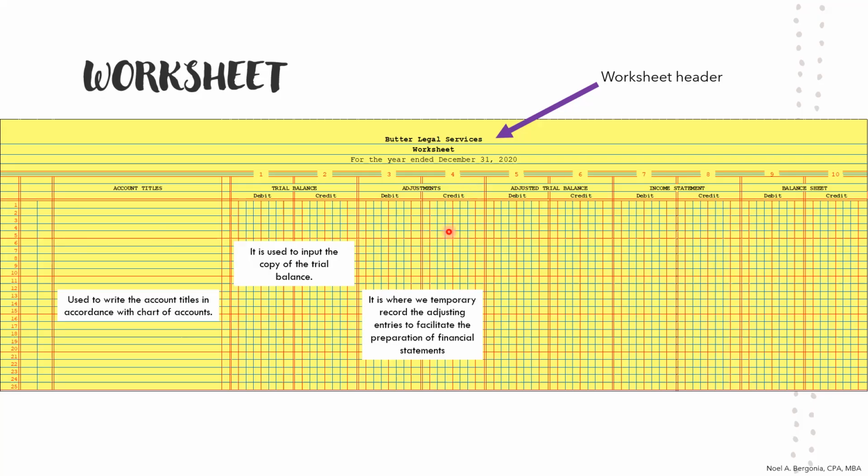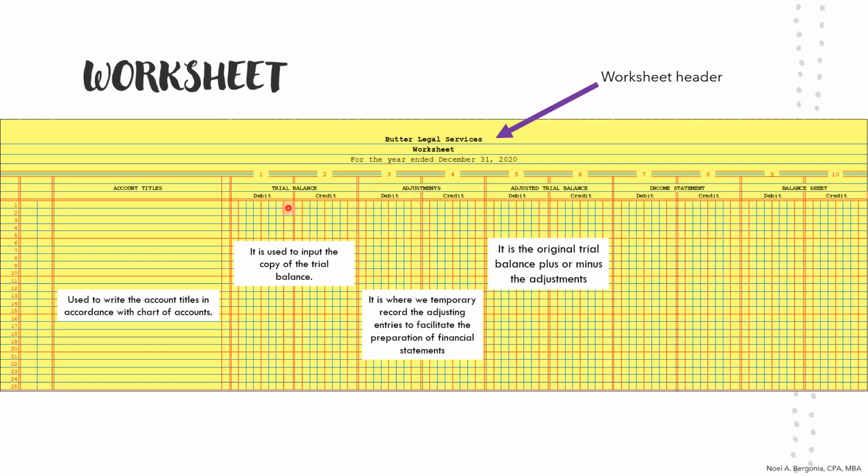And then after the adjustments column, ang gagawin natin for column 5 and 6 is what we so-called adjusted trial balance. So actually, this adjusted trial balance is somehow the original trial balance in column 1 and 2, no, plus or minus any adjustments in columns 3 and 4. Kaya siya naging adjusted trial balance. Sir, paano yan kung wala naman siyang adjustments? Do we need to write anything in the adjusted trial balance? Yes pa rin, class.